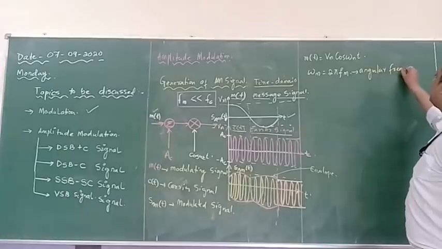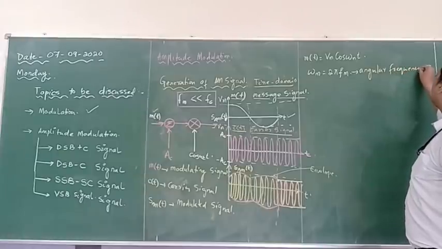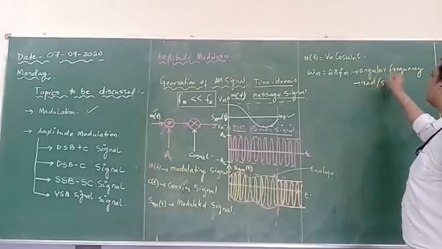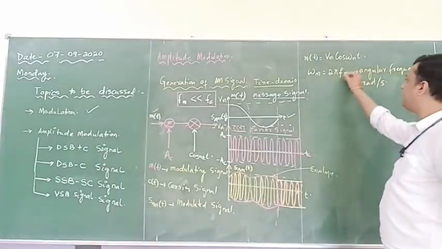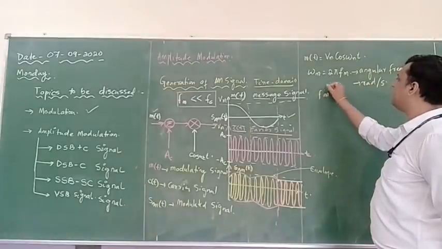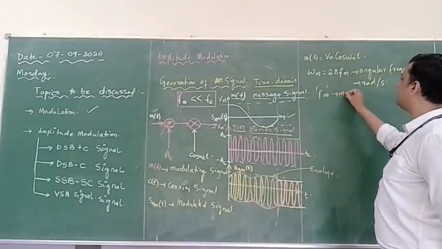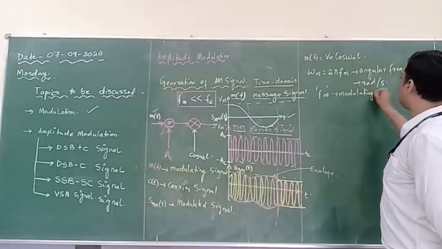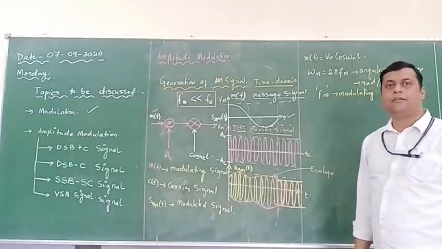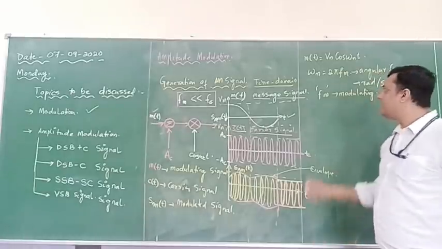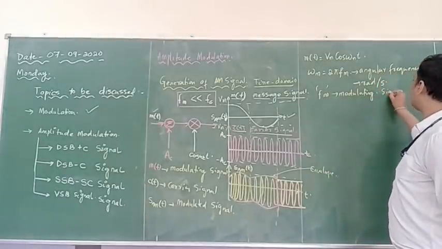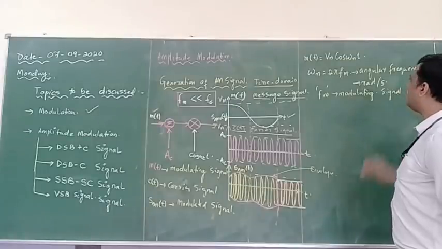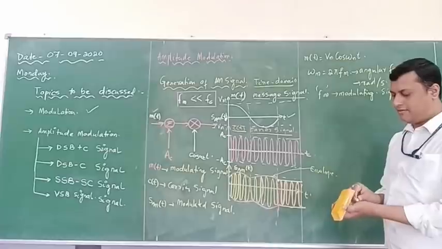What is the unit of angular frequency? It is rad per second. Similarly, from this fm, the modulating frequency, we can identify it, because in order to represent any signal we require a trigonometric expression. So this is the modulating signal, whose unit is hertz. This is first my modulating signal.